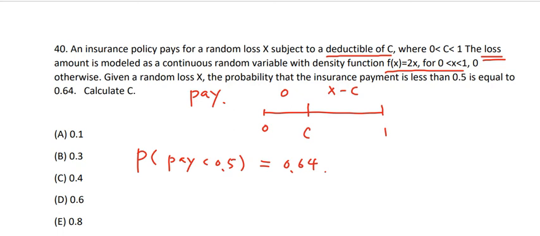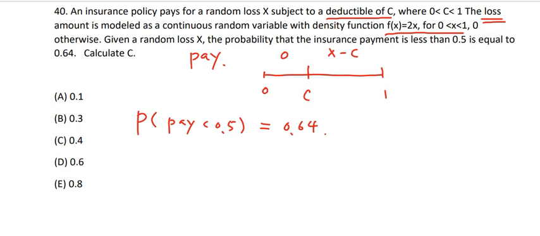So between 0 and C, the payment is 0, which is less than 0.5.